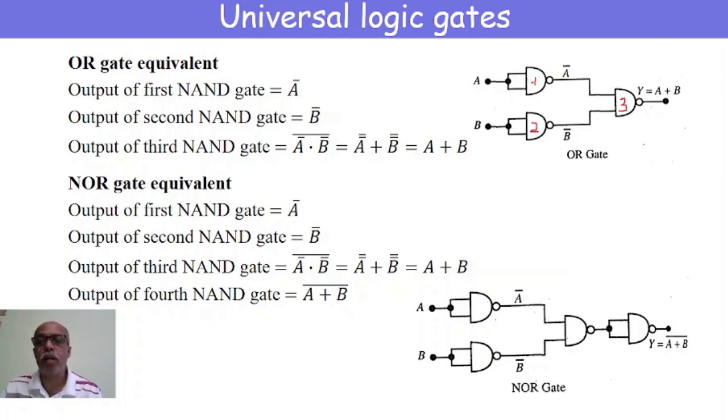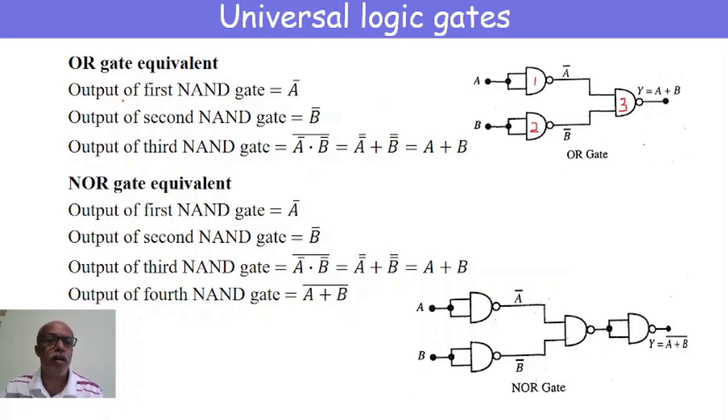Input A is applied across the first NAND gate and input B is applied across the second NAND gate. They get complemented, and these complements are applied across the inputs of the third NAND gate, which are again complemented.